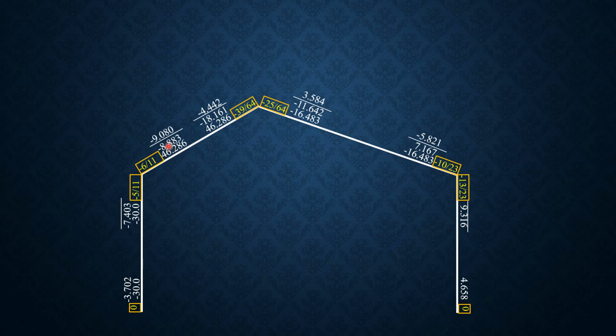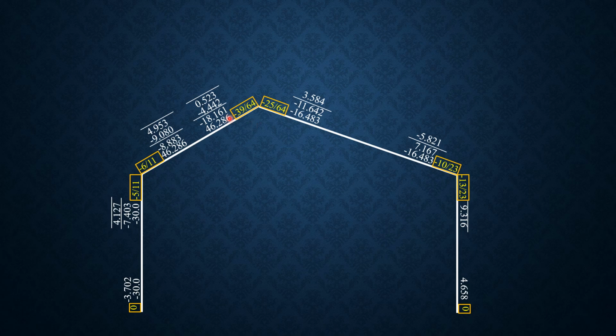So let's proceed to this joint. Negative 9.08 times negative 6 over 11, 4.953 lakh. Negative 9.08 times negative 5 over 11, 4.127 lakh. Quantity negative 4.442 plus 3.584 times negative 39 over 64 is 0.523 lakh.